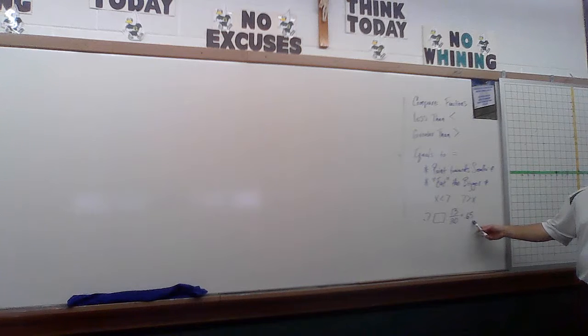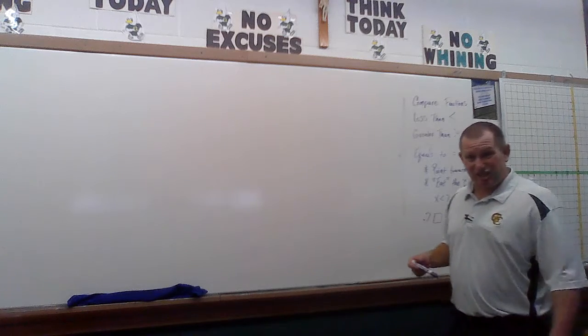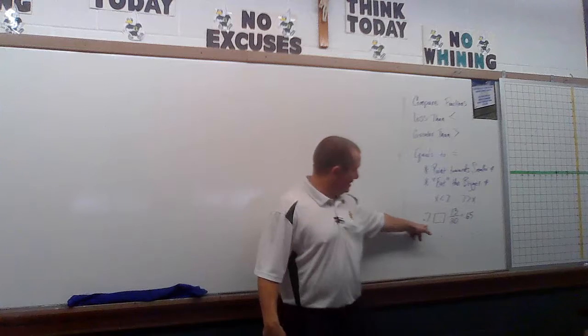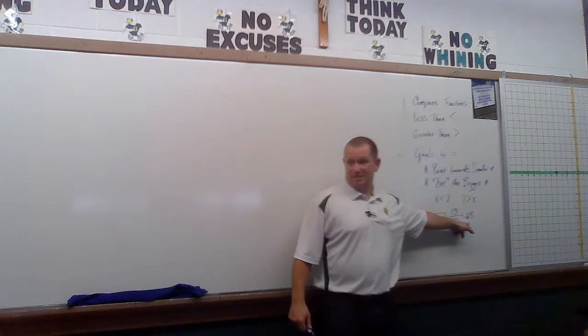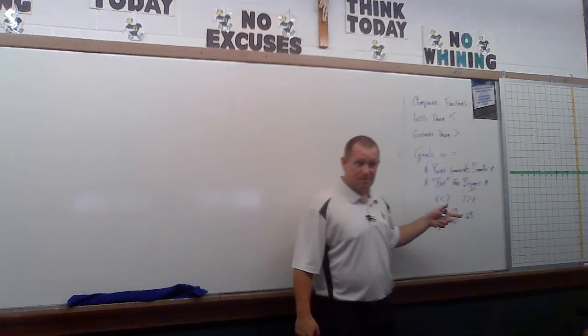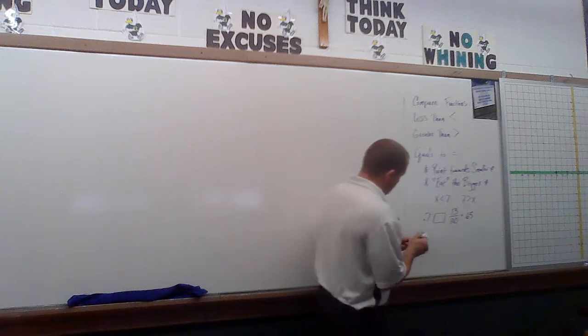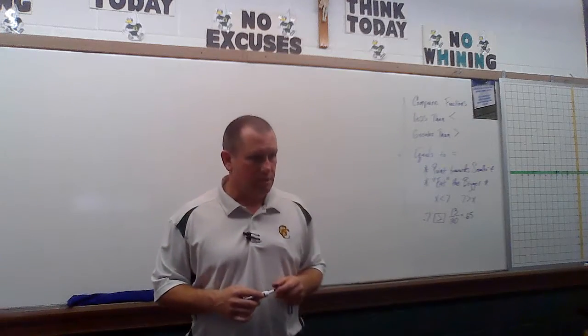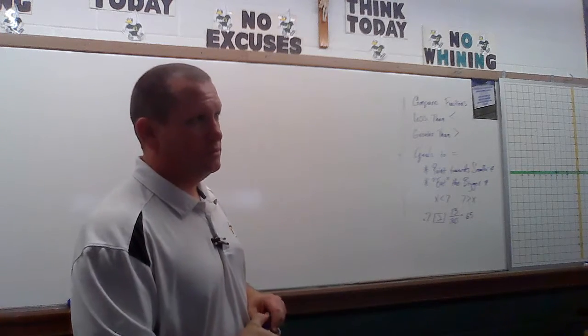What's the next one? Then what? Ten-thousandths, right? Always put that TH at the end. Okay? So 7/10 is bigger than 65/100, right? Because the 7 is bigger than the 6. Okay? So again, we would come back and we would put our greater than symbol. Okay?